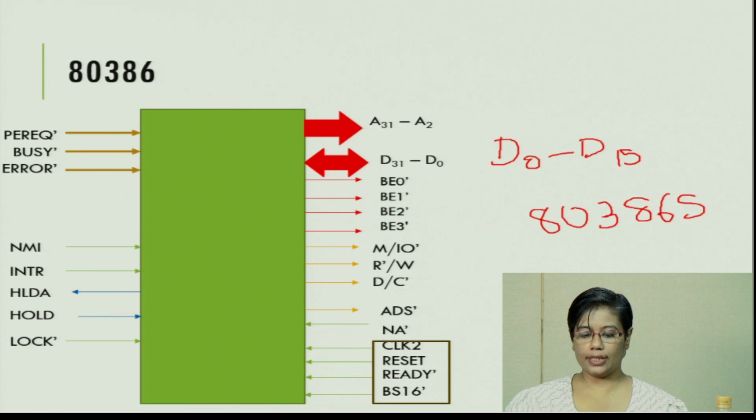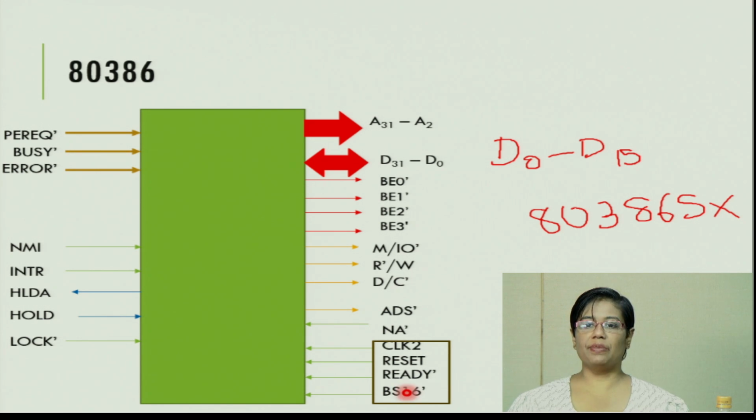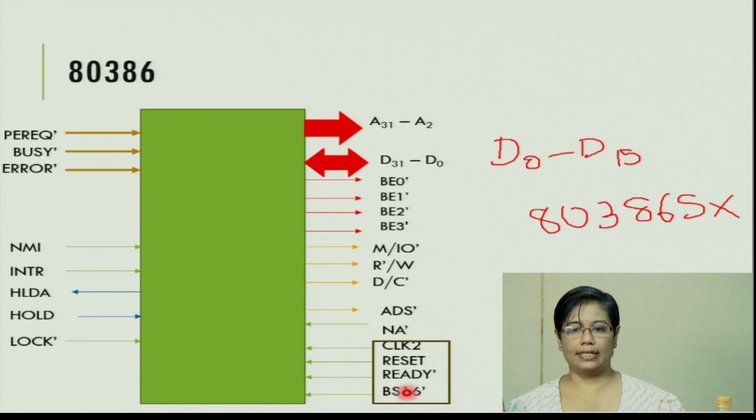There are different versions of 80386 available. One of the versions is 80386SX. In 80386SX, all the internal architecture remains the same. The difference is that the data bus will be 16 bits, D0 to D15. Now, if I make the bus size 16 signal low here, this behaves like 80386SX.